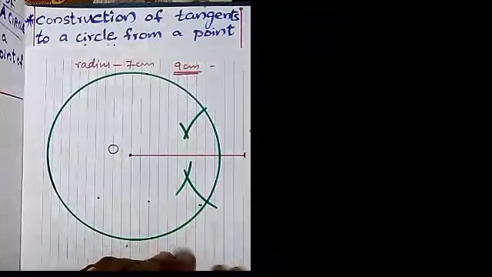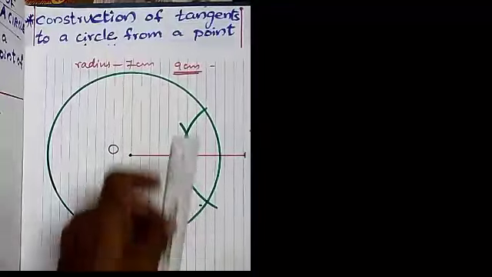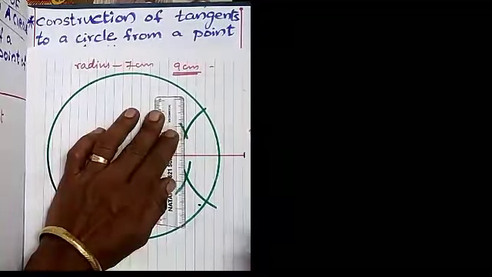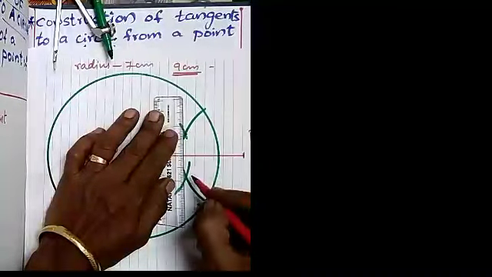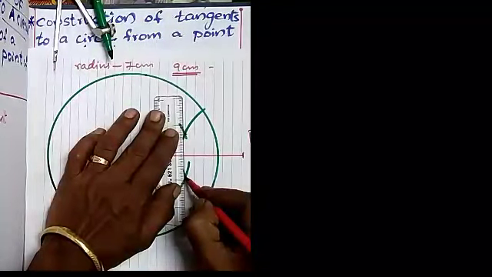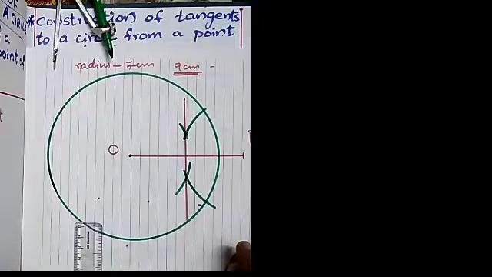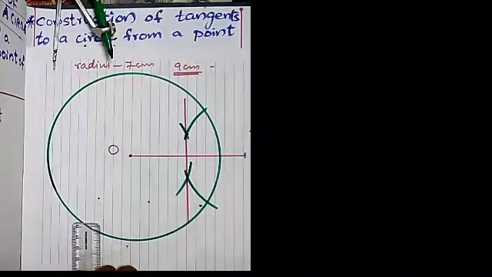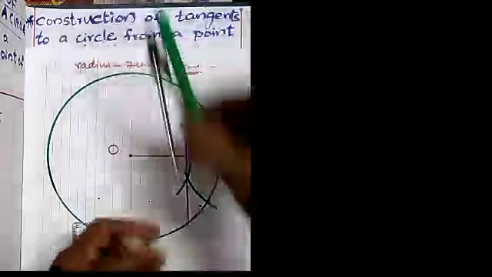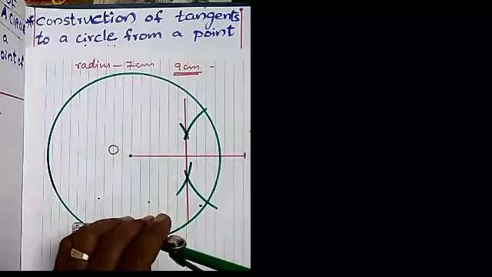Now you are getting two intersecting points. You can see here. Just you join that. Okay, the two intersecting points you are joining. Okay, it's a perpendicular bisector. Why you are constructing the perpendicular bisector? To select the midpoint of OP.